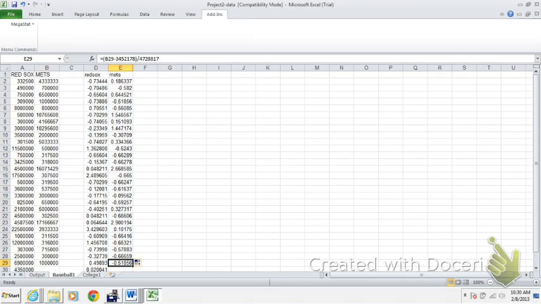And the largest z-score for the Mets was, your eye can quickly scan down the list and see the largest z-score was 2.9. So that player for the Mets right here made a lot more money relative to the rest of their team. But still, they were only 2.9 standard deviations above the mean, whereas this guy here was 3.4 standard deviations above the mean. So let's go back to the actual project.